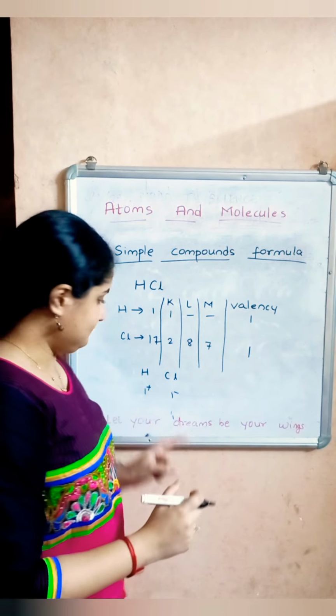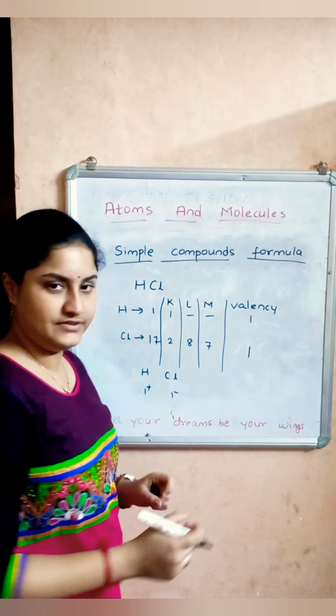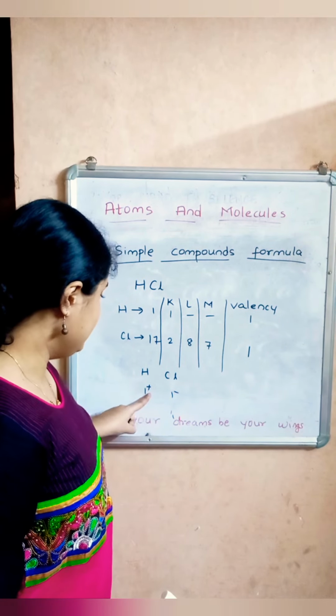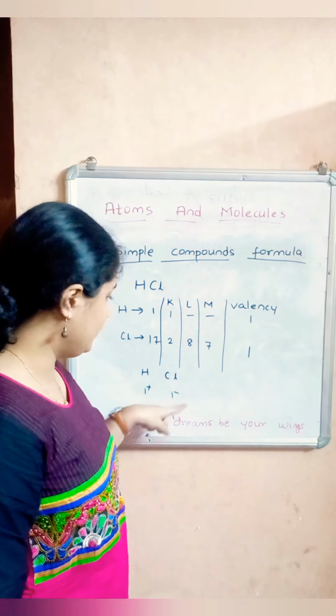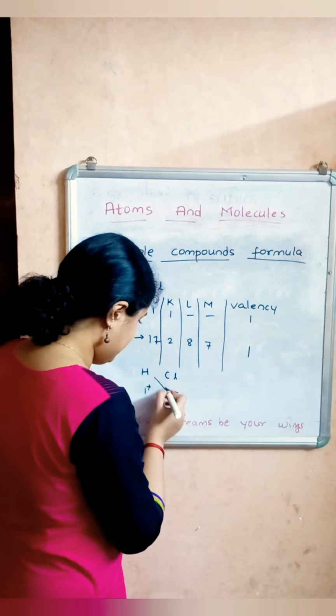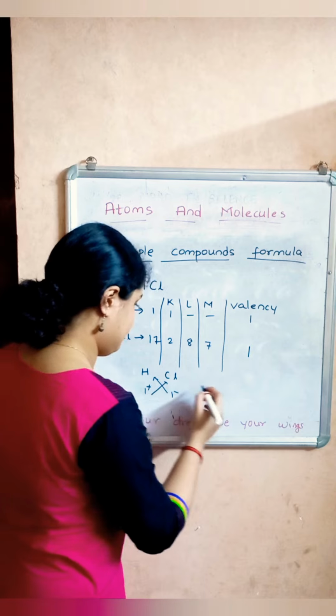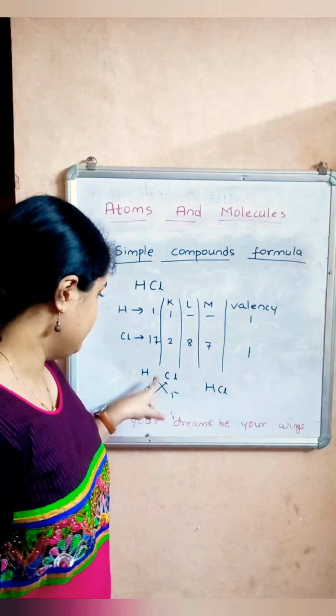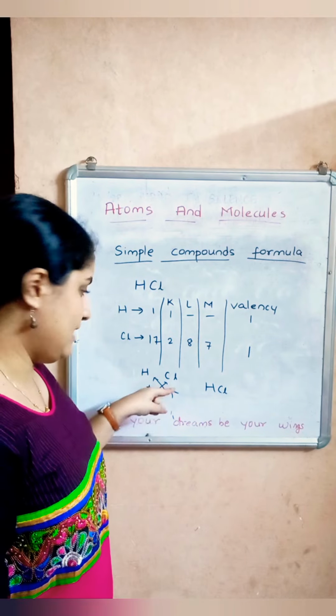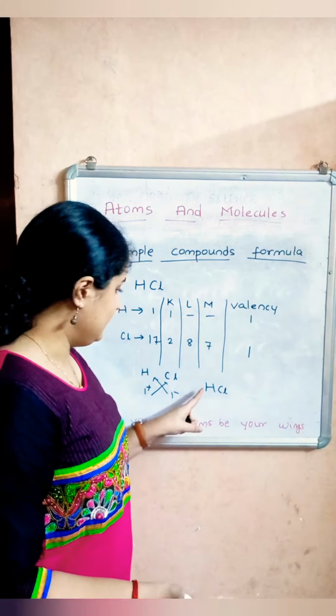Okay. And this is known as anion. So this positive sign is denoted for cation, and this is denoted for an anion. And then we do it like this, and we get the formula for HCl, okay, because it is 1 plus 1 minus, so it becomes neutralized, and we get HCl.